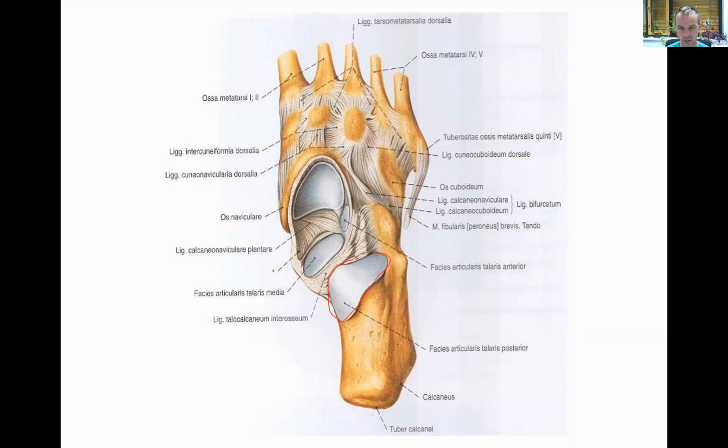So this is the extent of the subtalar joint. What you can see here, the middle and the anterior talar articular surfaces of the calcaneus are part of another joint, together with the navicular bone.